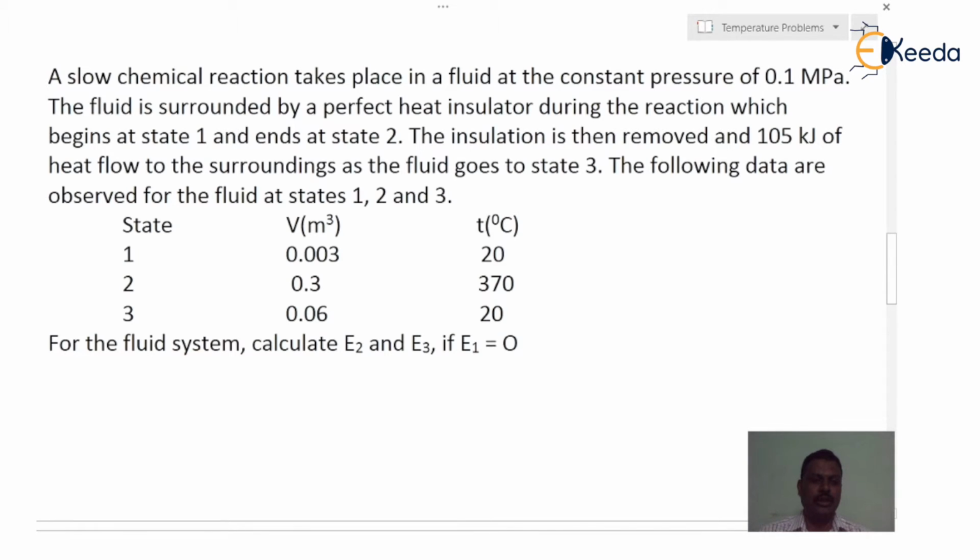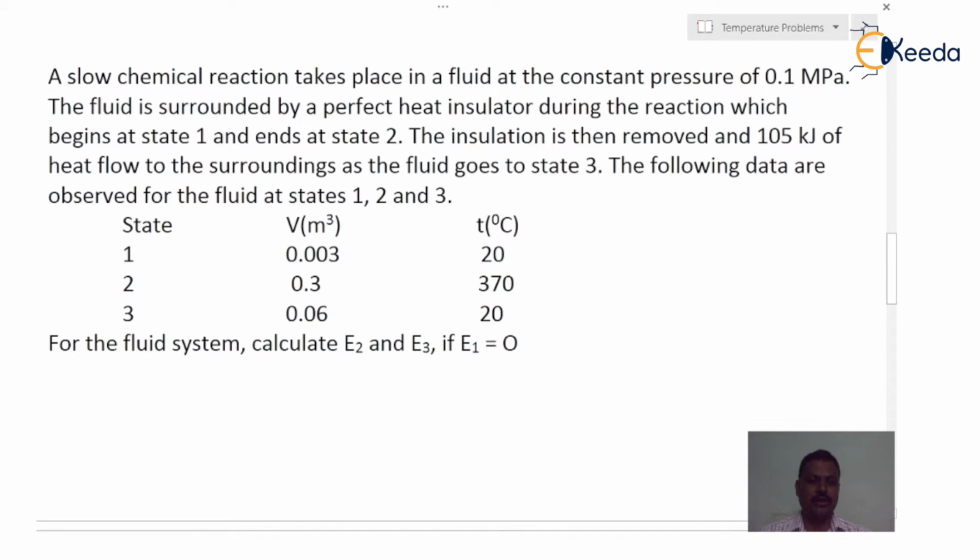Here, the fluid is surrounded by a perfect heat insulator during the reaction, which begins at state 1 and ends at state 2. The insulation is then removed and 105 kilojoules of heat flow to the surroundings as the fluid goes to state 3. The following data are observed from the fluid at states 1, 2 and 3.